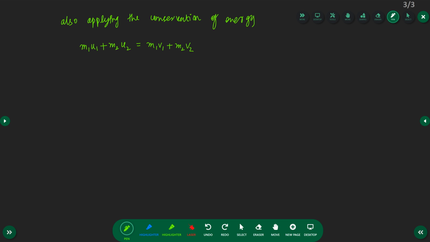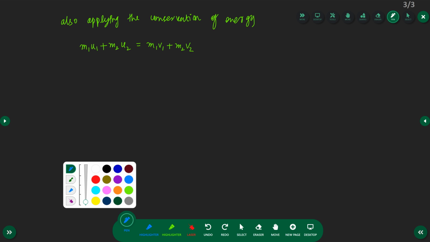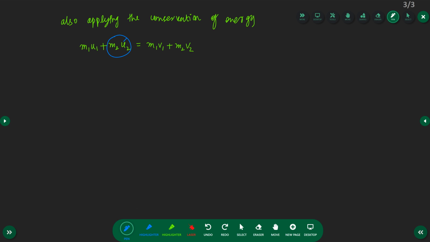Yeah, this is not a perfectly inelastic collision because loss of kinetic energy is not maximum this time, right? Because of that, we can't take v1 and v2 as common. So u2 is 0, as per the previous condition. So we are taking this quantity as 0 because u2 was 0.